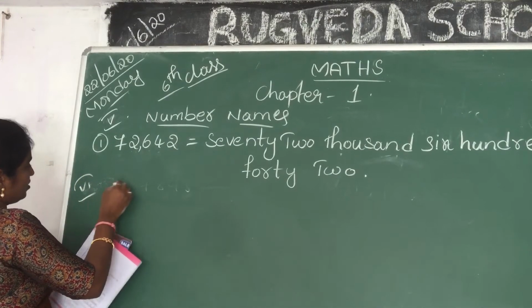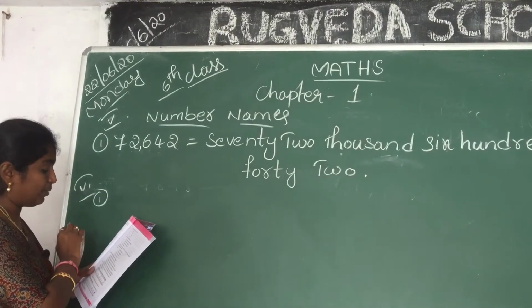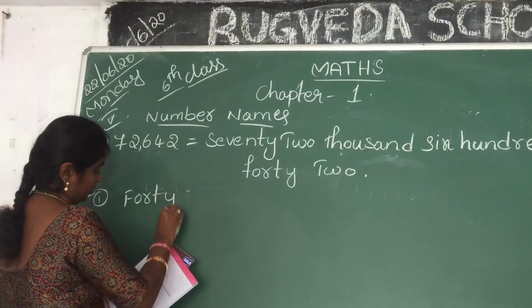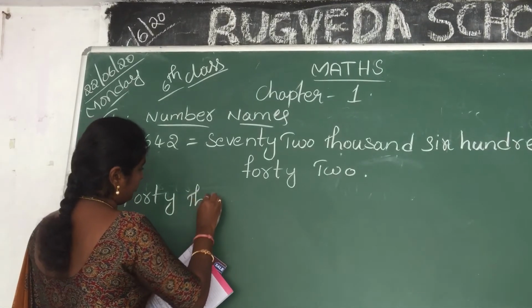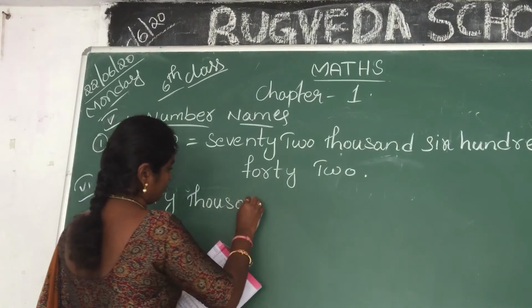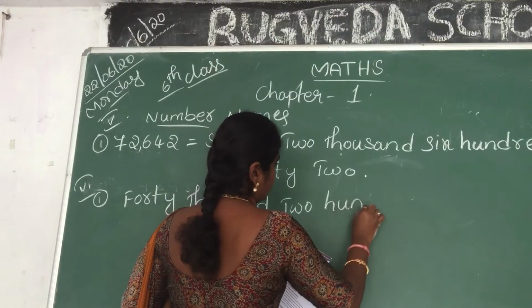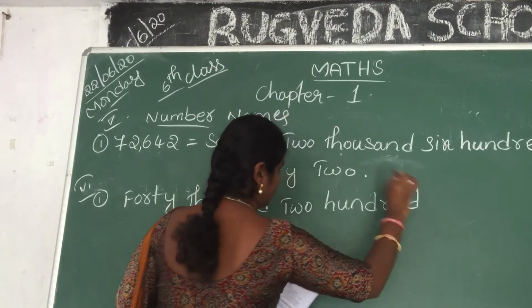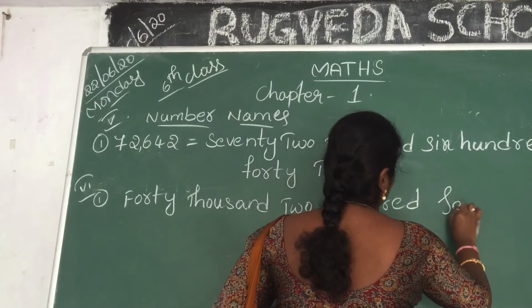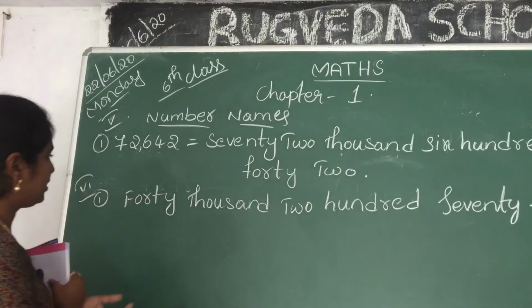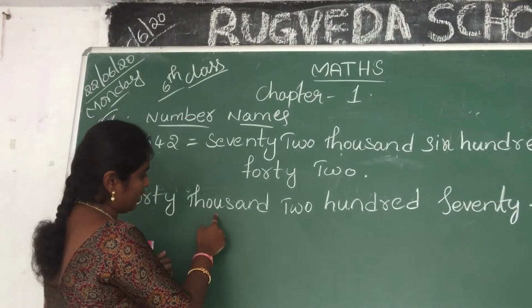Next, sixth bit, first one. Here given number names, you have to find out the number. 40,000, 270. So read the number 40,000.